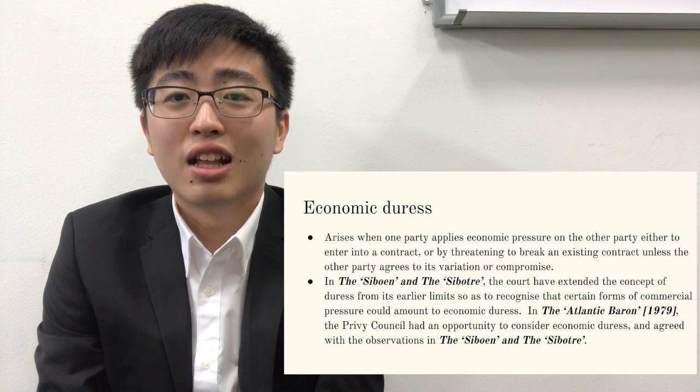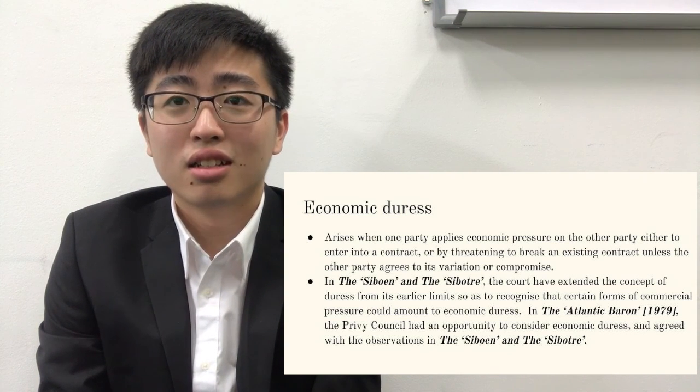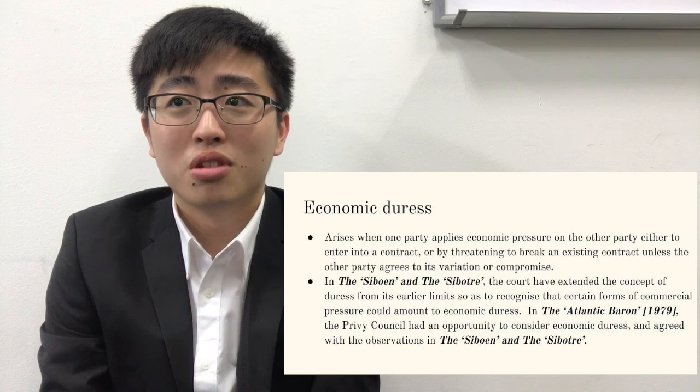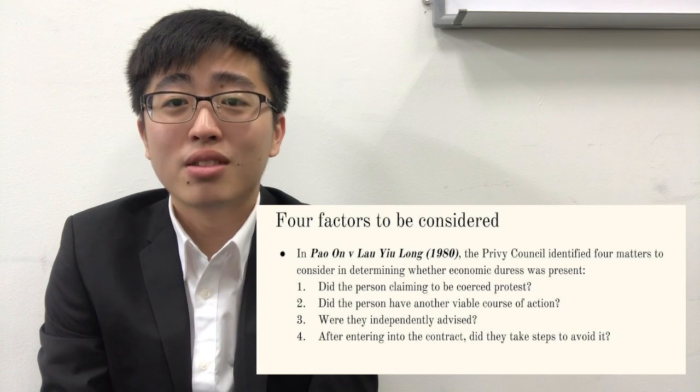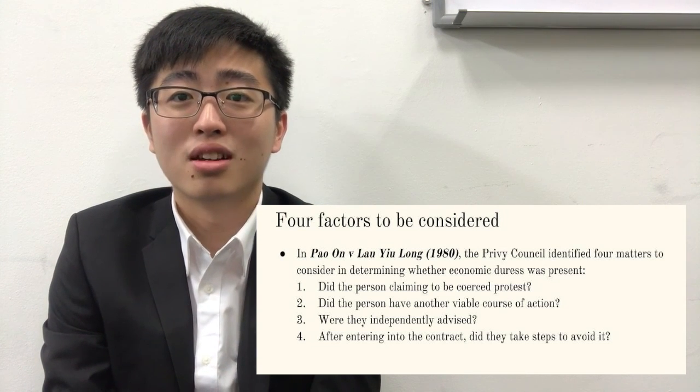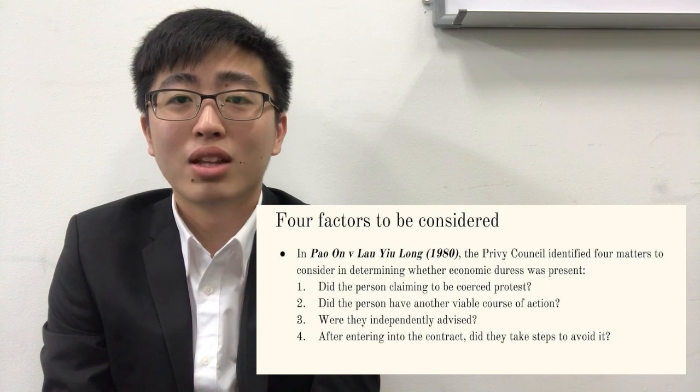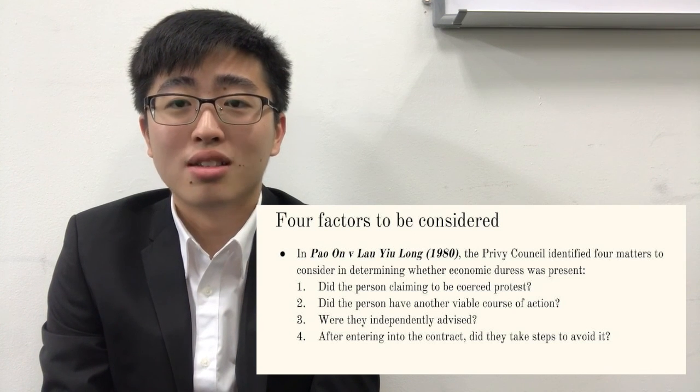In the case of The Atlantic Baron, 1979, the Privy Council had an opportunity to consider economic duress and agreed with the observations in the case of The Siboen and The Sibotre. Furthermore, in the case of Pao On v Lau Yiu Long, 1980, the Privy Council identified four matters to consider in determining whether economic duress was present.